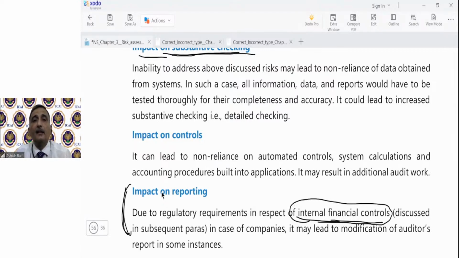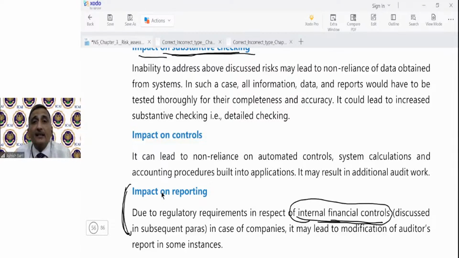So clear, students? So therefore you have to understand that IT risks, that is, risks which originate from the use of IT systems, have to be reduced, have to be mitigated.